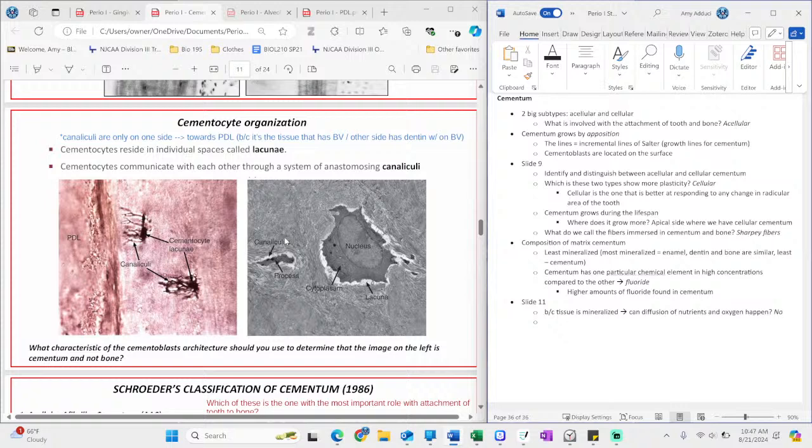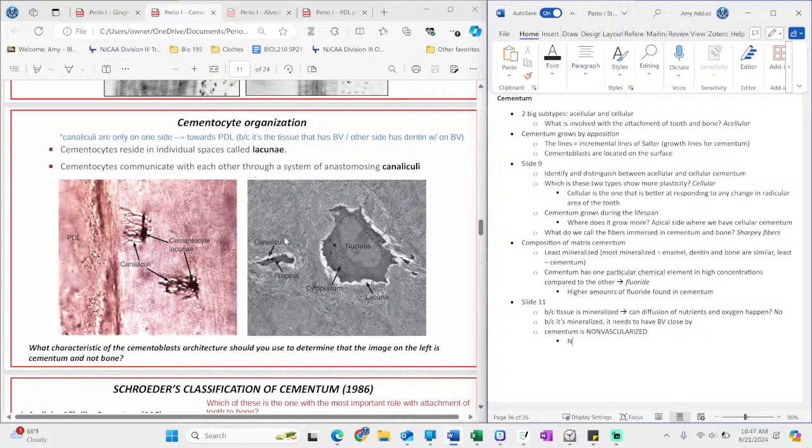So in the case of cementum, it's mineralized, so it needs to have blood vessels close by. But is the cementum itself vascularized or non-vascularized? It's non-vascularized. So that is telling you two things. First, it has to be close to connective tissue.